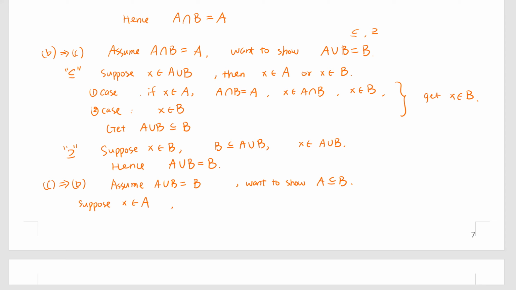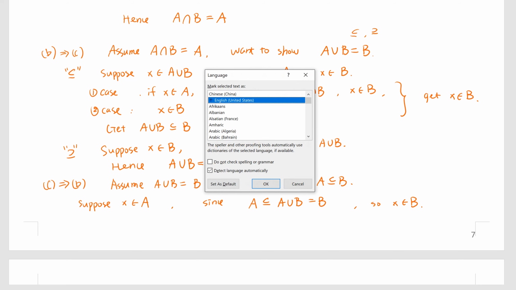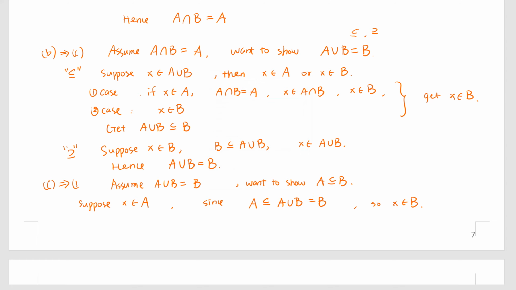Since A is a subset of A union B, but A union B is B, then we know X is in B. And therefore, we have A is a subset of B. This one is actually C implies A, not C implies B. I put it wrong.